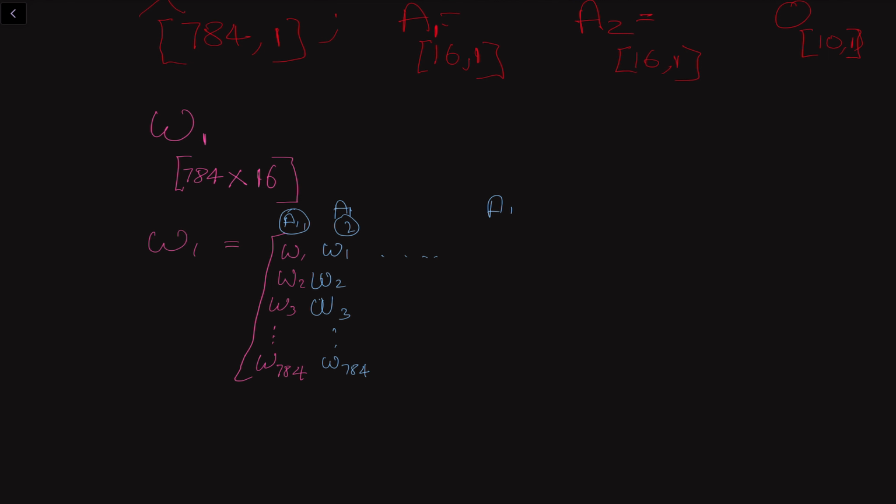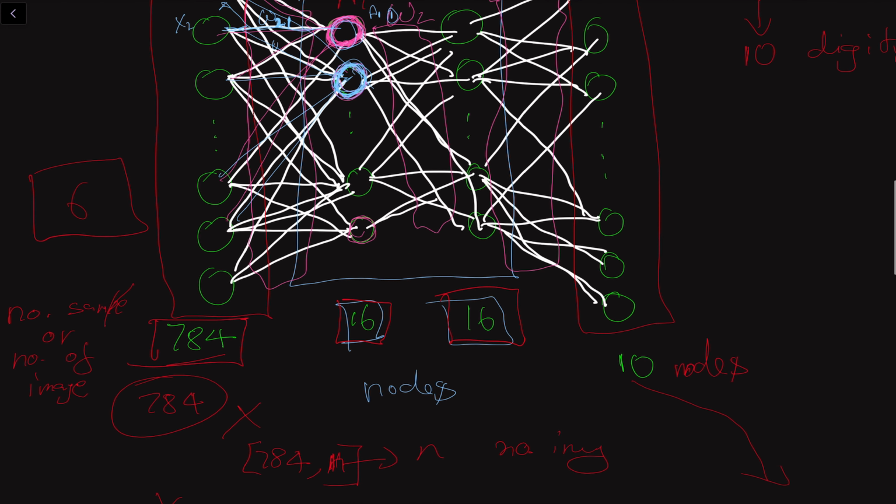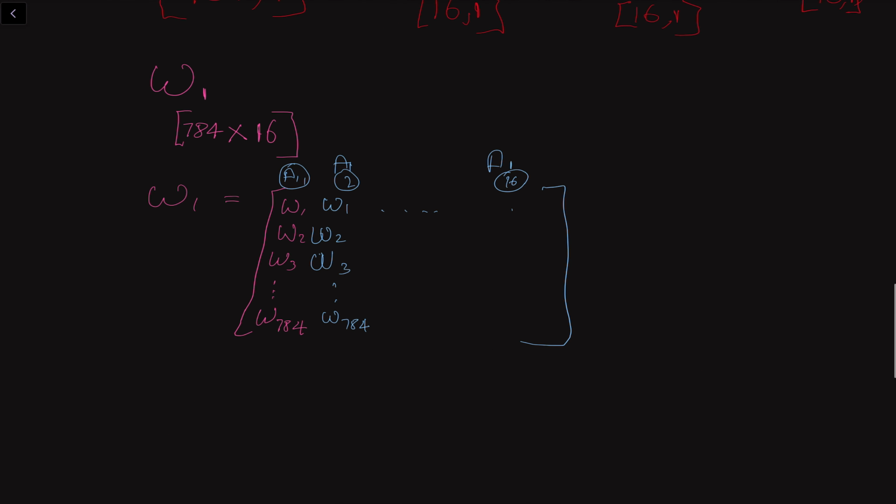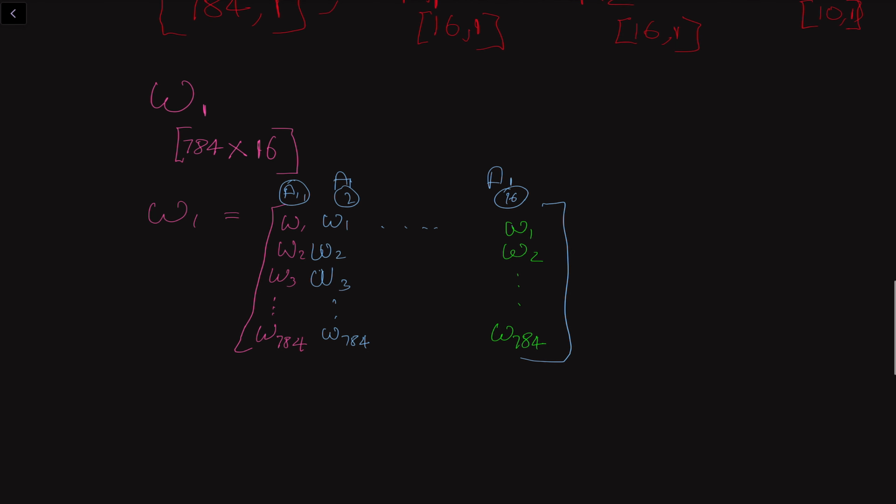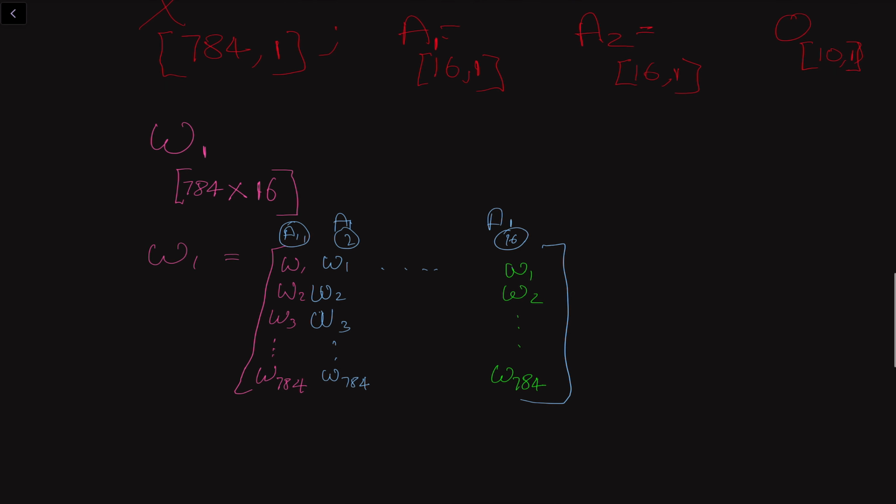This is for the 16th node in the first hidden layer. Let's give it green right here. This one is also connected to all the previous layer nodes. So this will have W1, W2, so on, W784. Okay, so that's how that W1 looks.